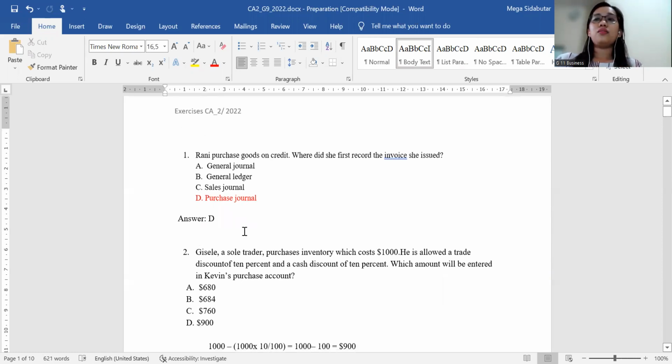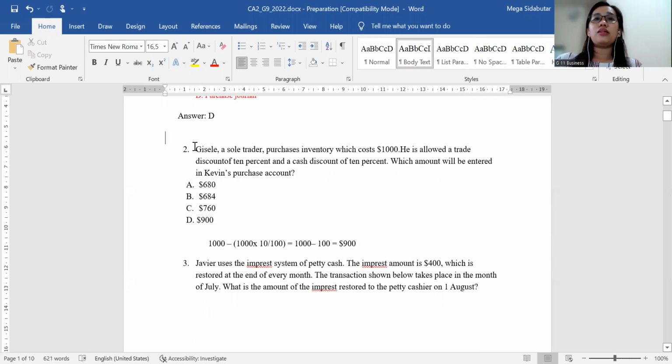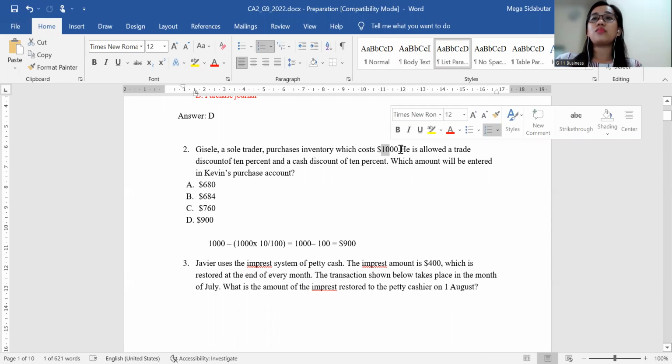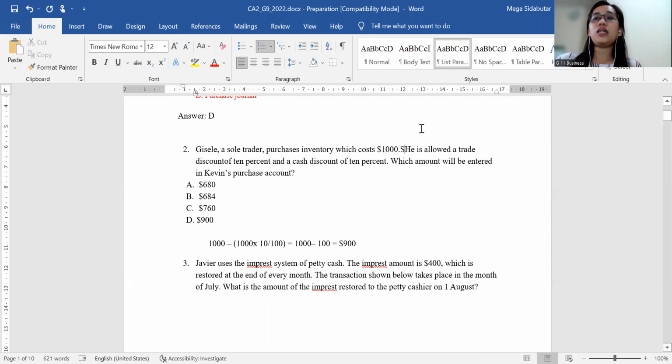Question number 2. Giselle, a sole trader, purchases inventory which costs 1,000. Let's say the supplier allows a trade discount of 10% and a cash discount of 10%. Which amount will be entered in Giselle's purchase account?